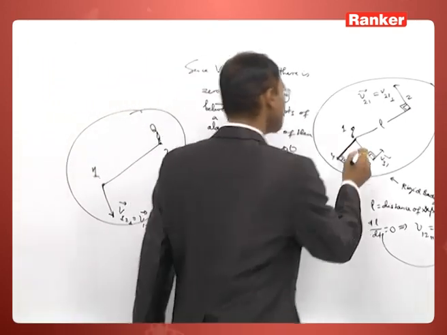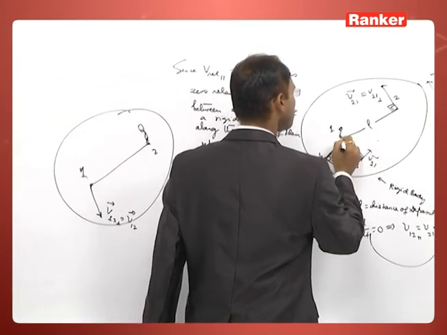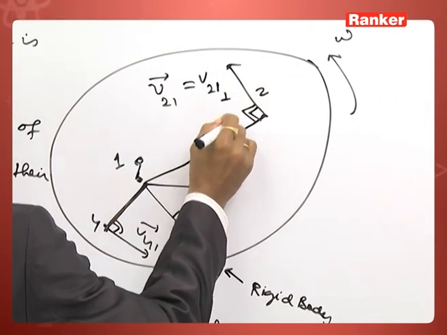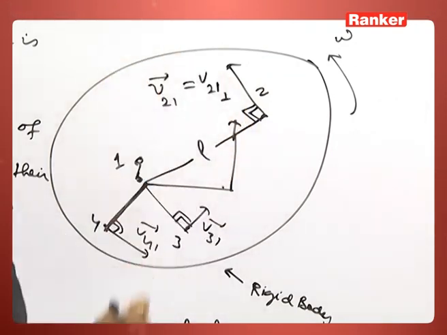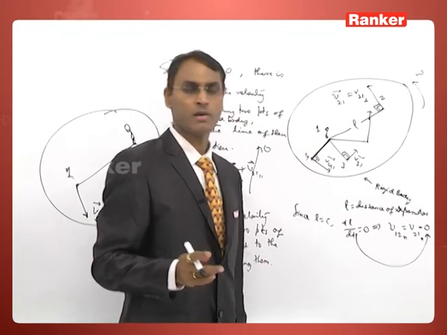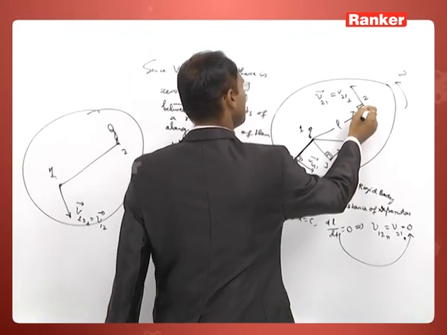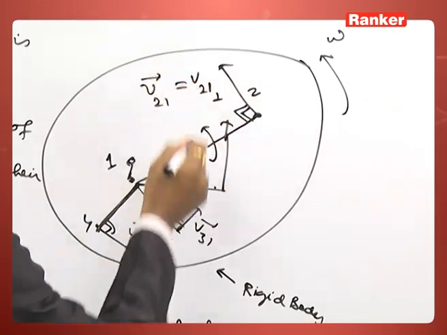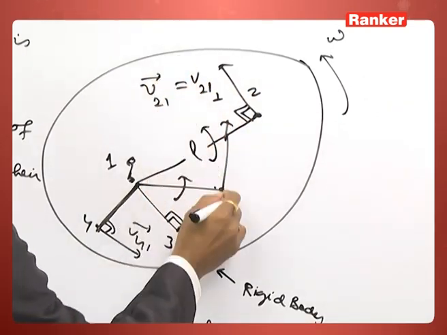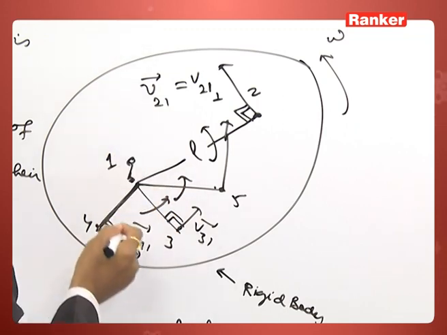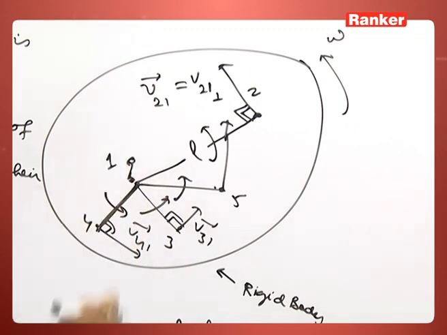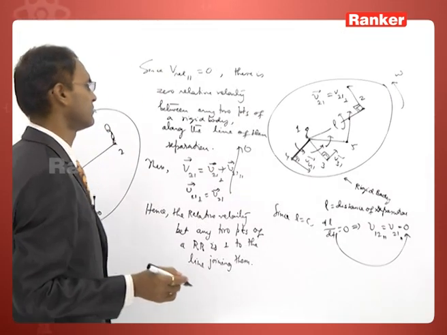So this observer can say that all points move with different velocities, but in the same sense. This point turns in this way, this point turns in this way, this point turns in this way, with respect to point 1. That is the idea.